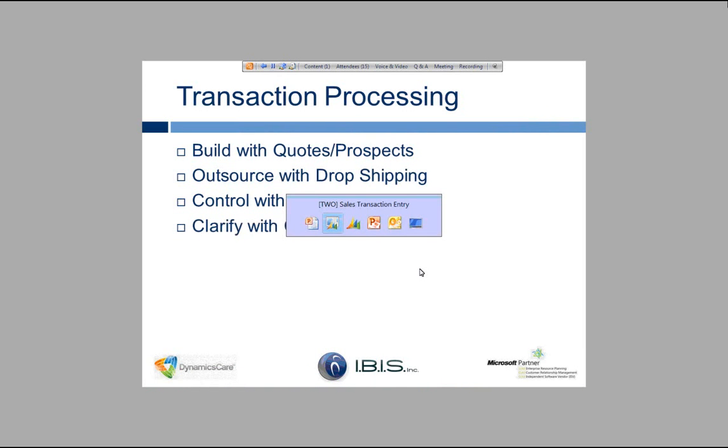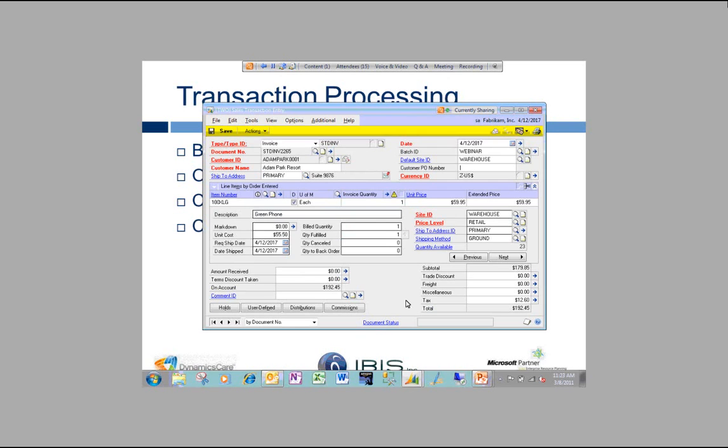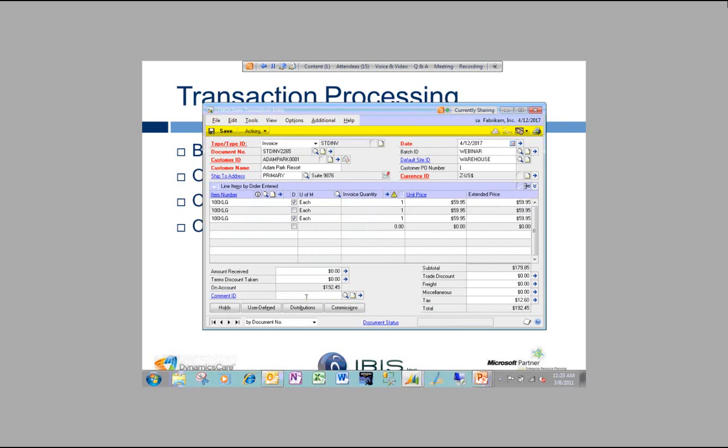Comments are another really cool piece. Most folks have figured out that there's a comment box here. So let me give you a couple of things. This comment ID is global.